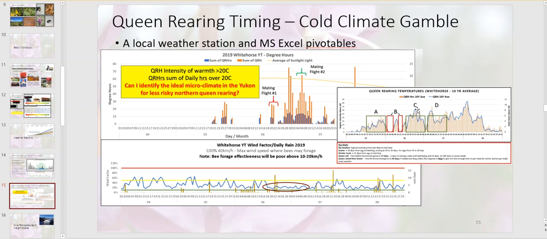And then periods C and D, so late June, early July would be the best because they still give you time to get that hive ready. But clearly from mid-August, there's a drop in temperature. And that's the typical end of the season.